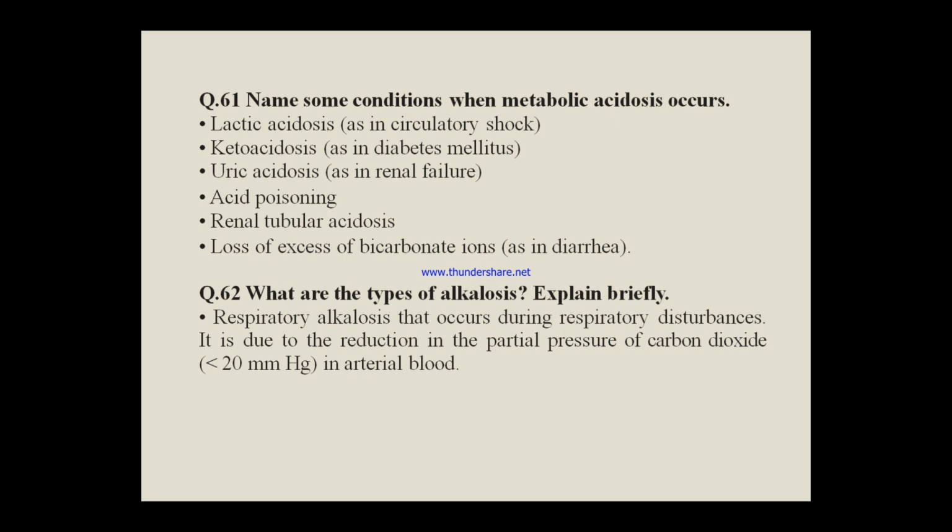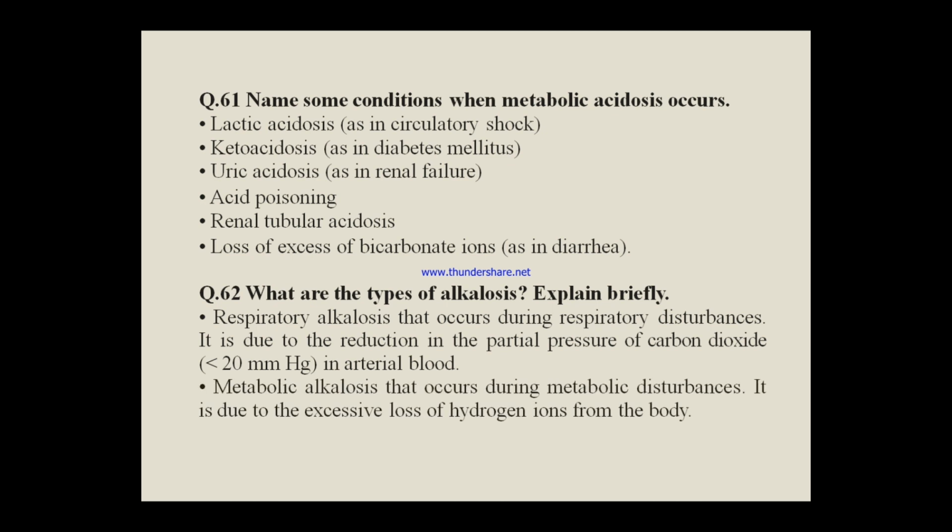Respiratory alkalosis that occurs during respiratory disturbance is the first type, and it is due to the reduction in the partial pressure of carbon dioxide in the arterial blood. And second is metabolic alkalosis that occurs during metabolic disturbances, and is due to excessive loss of hydrogen ions from the body.